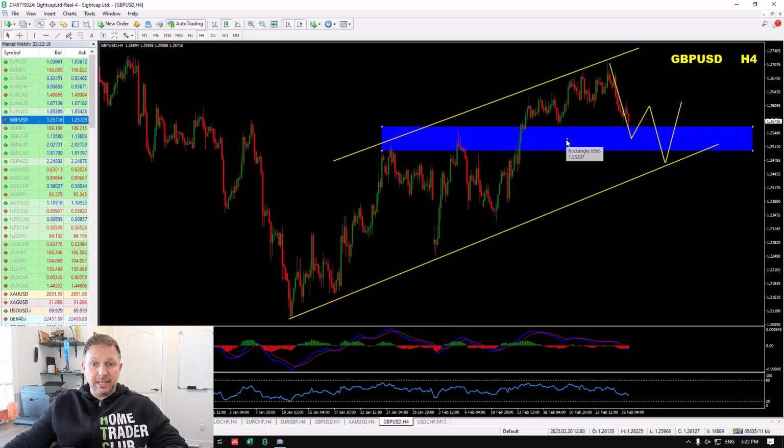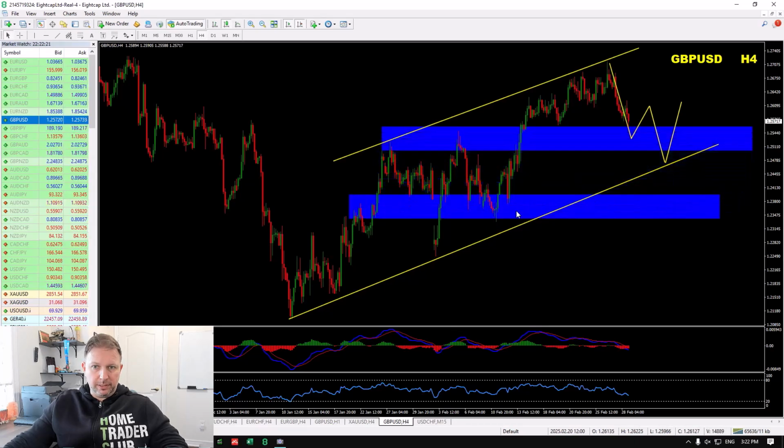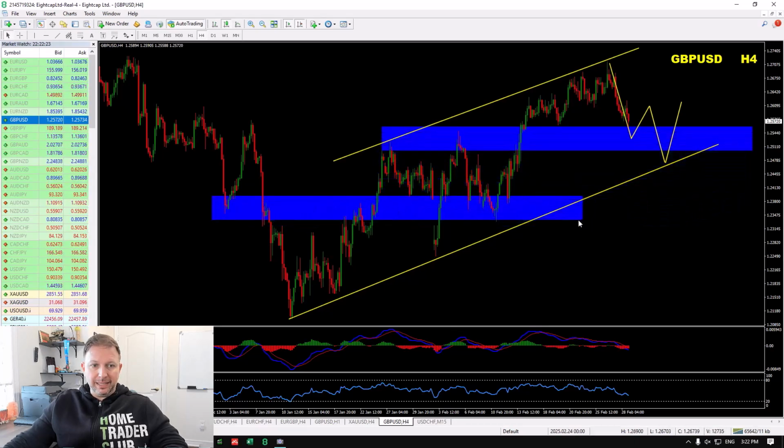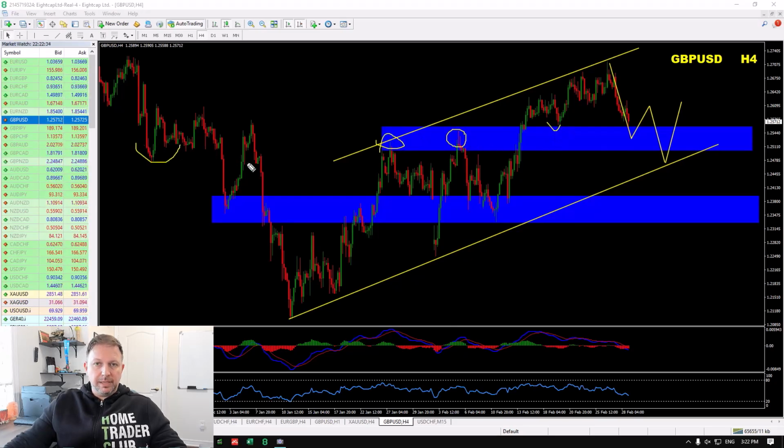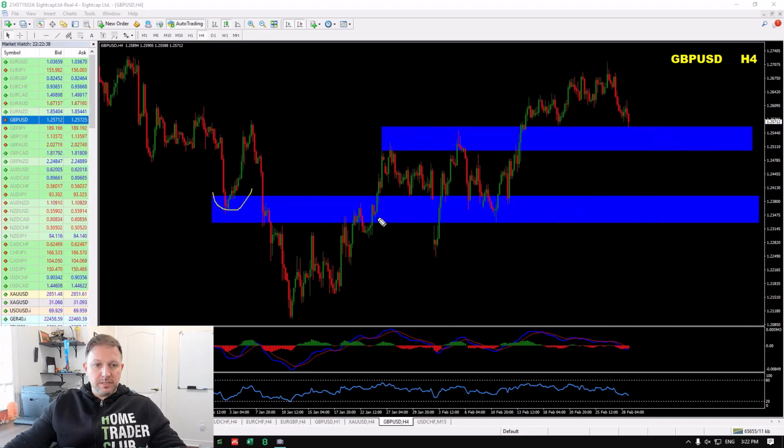The next area, if this one is broken, would be slightly lower, and I will go here a little bit wider so you can see what I'm talking about. The first zone, once again, we have broken resistances, become supports, and even this demand area. The next zone is basically here, demand, buyers, broken resistance becomes support, right?